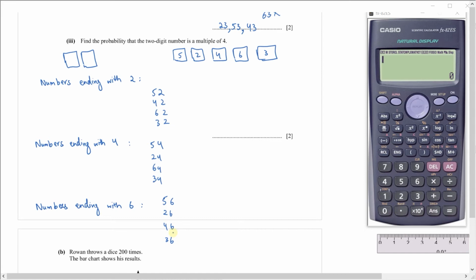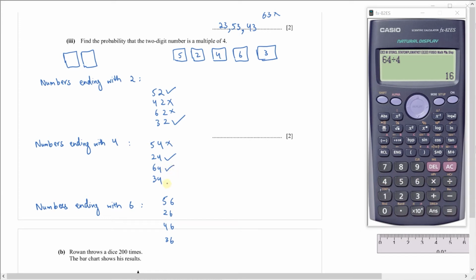Now we can quickly see which of these are divisible by 4. So 52 divided by 4 is 13. So this is divisible by 4. 42 is not. 62 divided by 4 is not. 32 is. 8 fours are 32. So this is a multiple. 54 is not. 24 is. 64 divided by 4, 16.